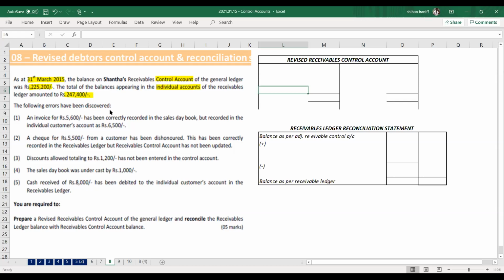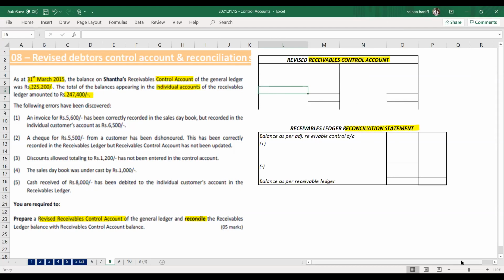Following errors have been discovered. Prepare the revised receivable control account and reconcile the receivable ledger balance with control account balance. So we have to draw the receivable control account and the reconciliation statement.